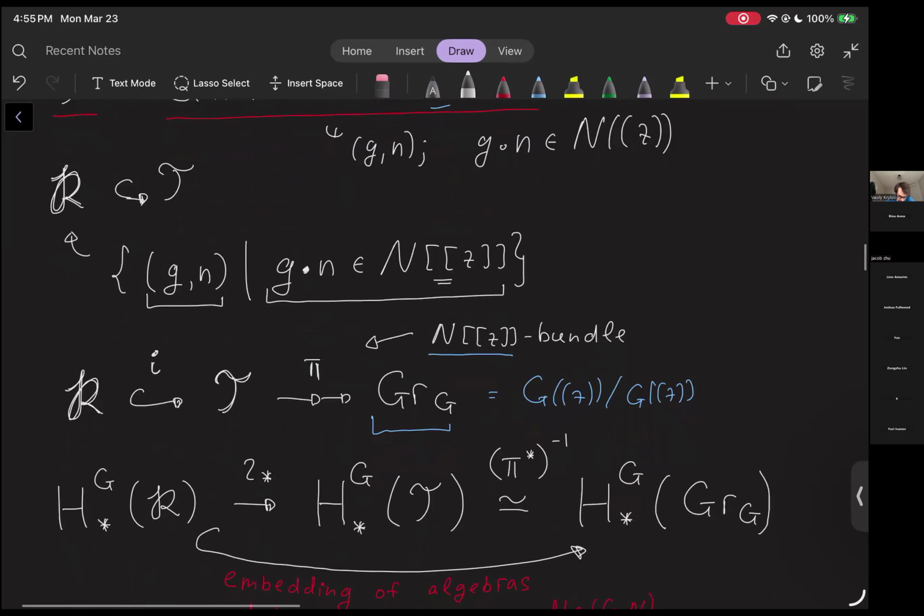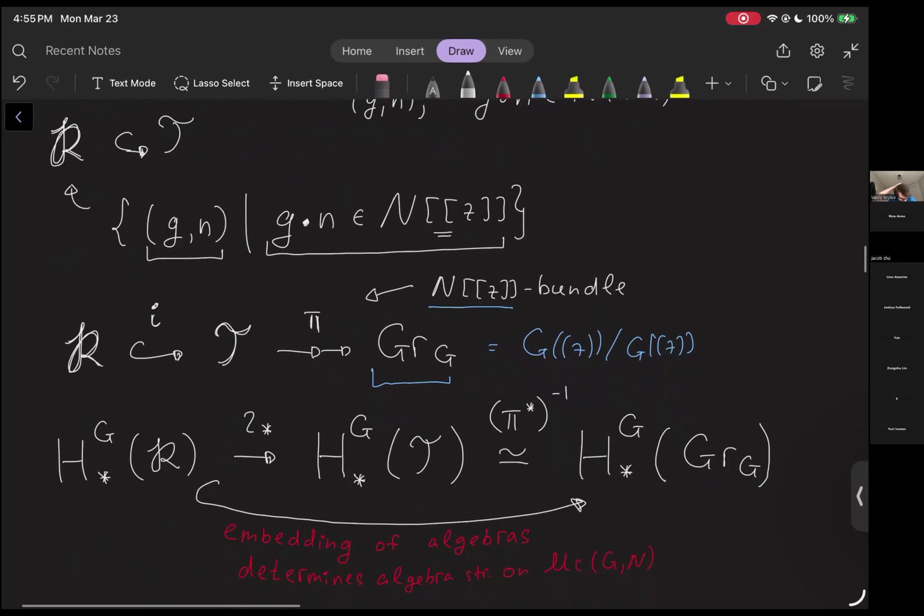And this diagram then gives us a map. First we start with functions on the Coulomb branch that we want to understand as an algebra. Then we can do a push forward, get an element here, and then the pullback for this affine fibration just induces an isomorphism.